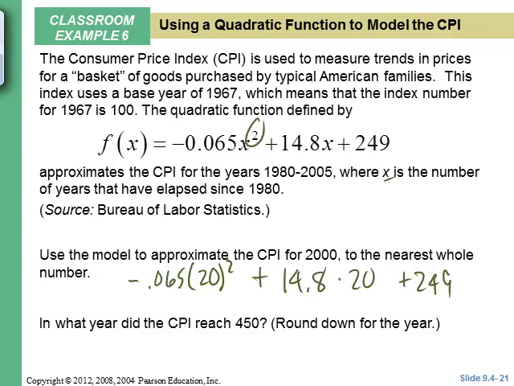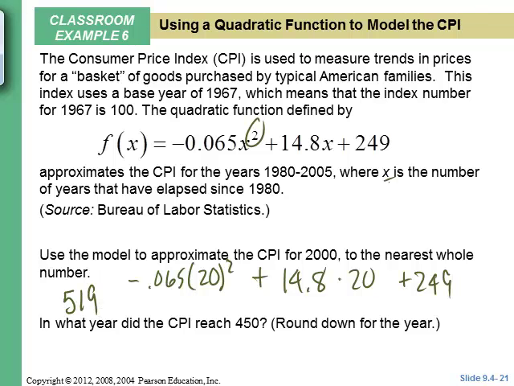So negative 0.065 times 20 squared plus 14.8 times 20 plus 249 equals 519.